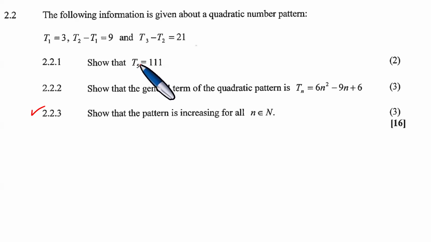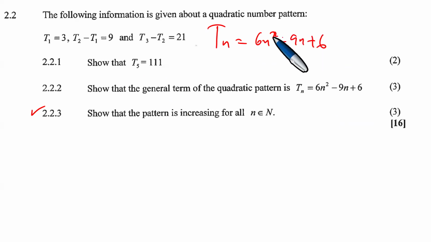We're able to see a couple of things. To see what is happening, one way is to look at the fact that your Tn can be seen as 6n squared minus 9n plus 6. Okay, so this is the general term.